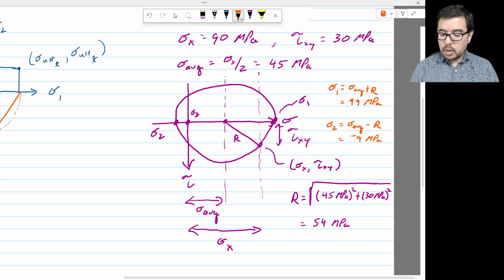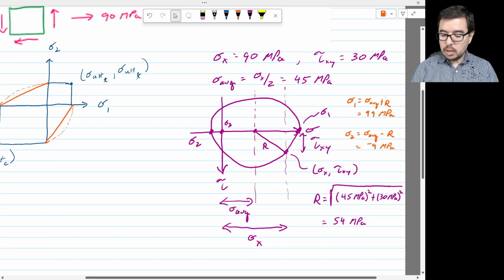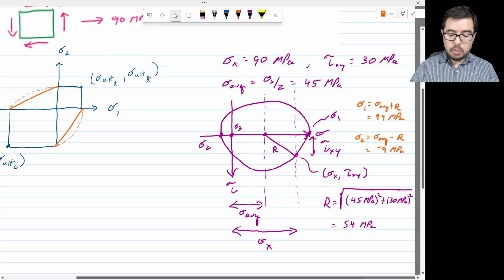So those are the 2 points, sigma 1 and sigma 2, and now we need to figure out where they are relative to this line, okay? Because if we're in the envelope, then we do not fail, but if we're outside the envelope, then we will have failure.